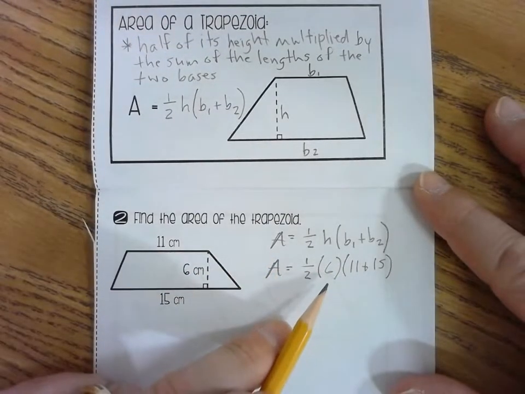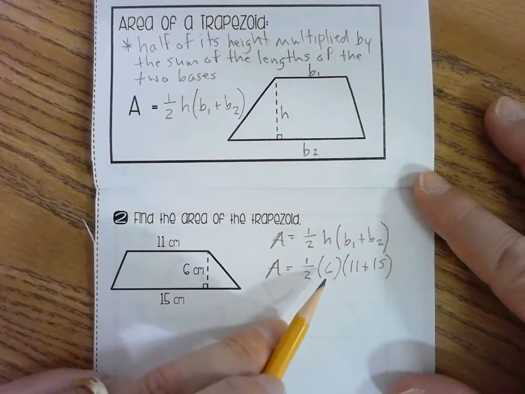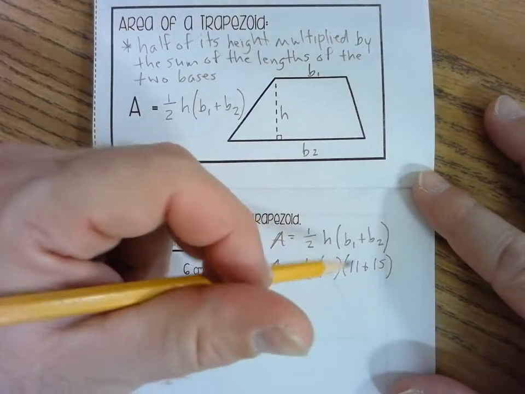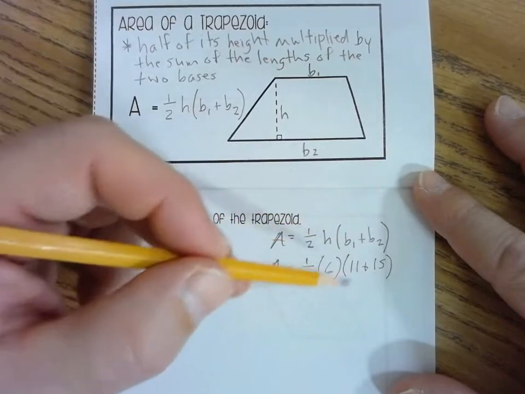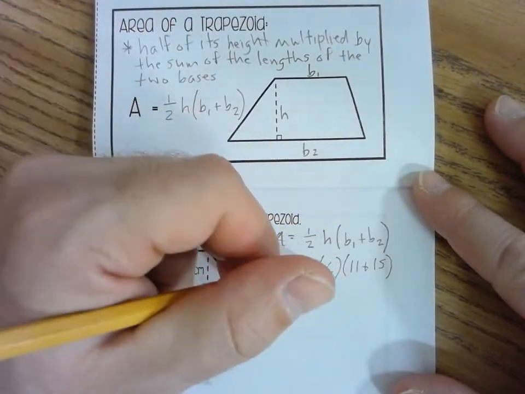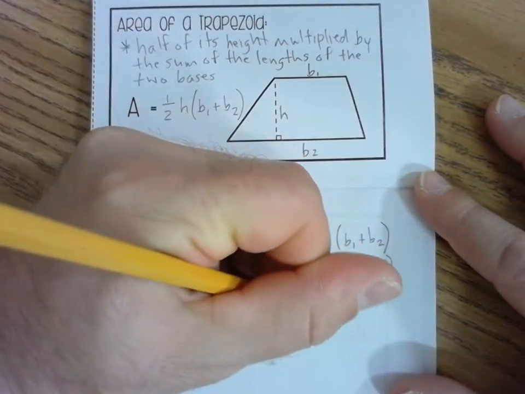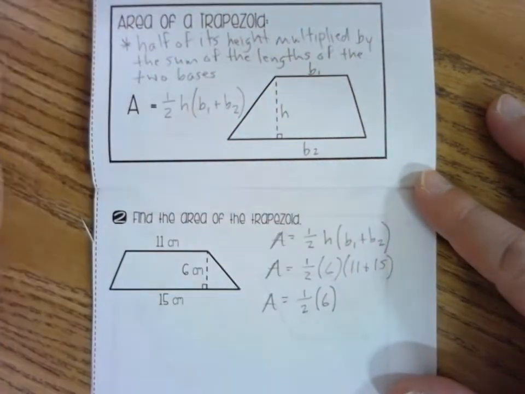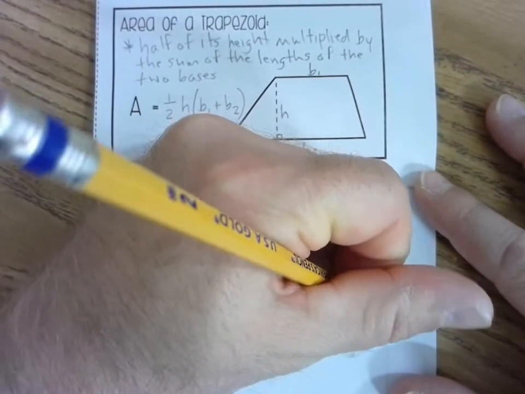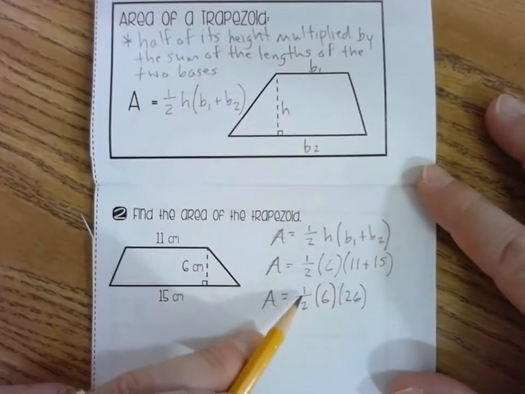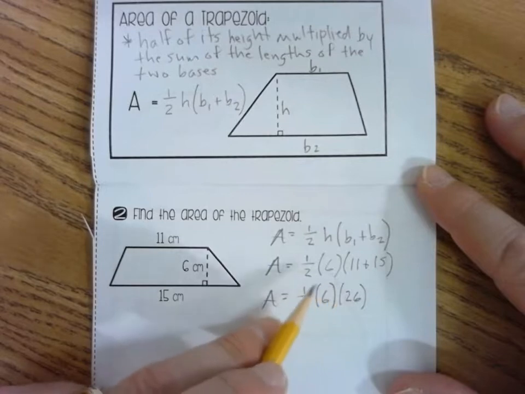So basically you have to do order of operations. Do what's inside the parentheses first, and then you're going to multiply. So you're going to have area is equal to 1/2. This is 6. You don't have to do anything with that. 11 plus 15 is going to be 26. So this is all multiplication. You can start at the left and work your way to the right.